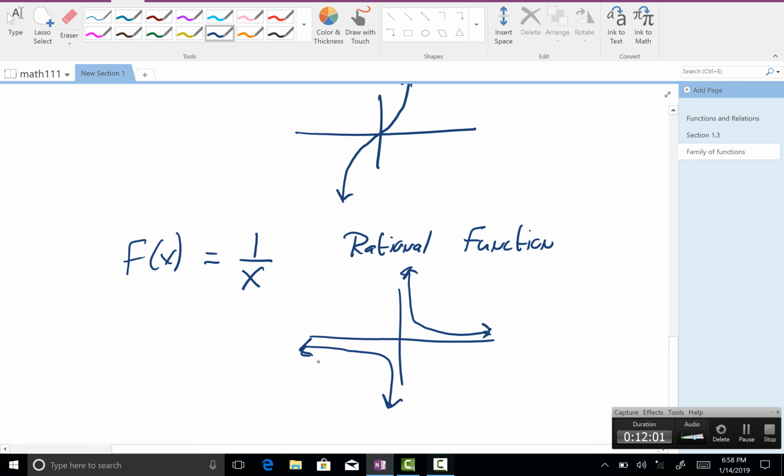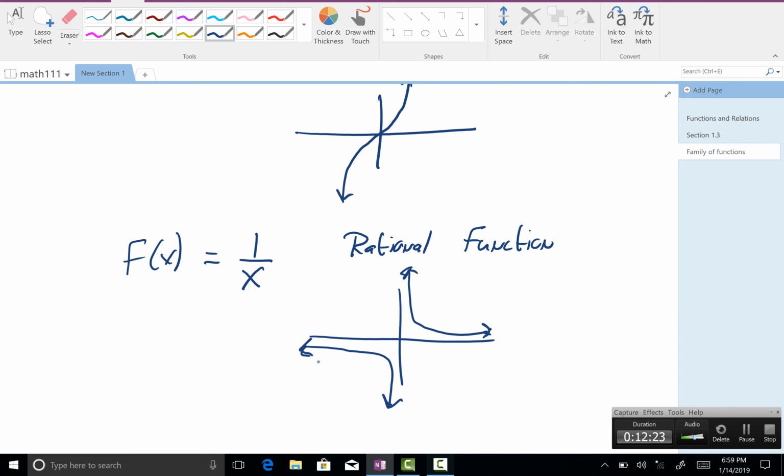That's what that looks like. And they're usually going to have some type of bending. I call this a bending up here and a bending down this way. This is just getting really, really close to that x-axis, but never touches it.